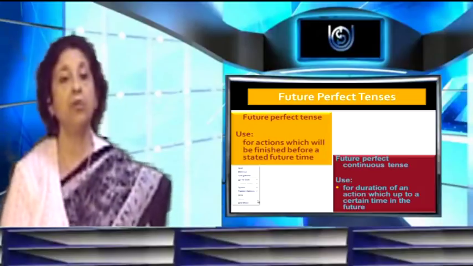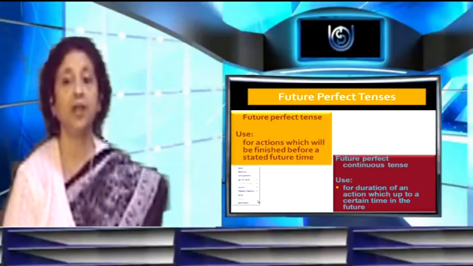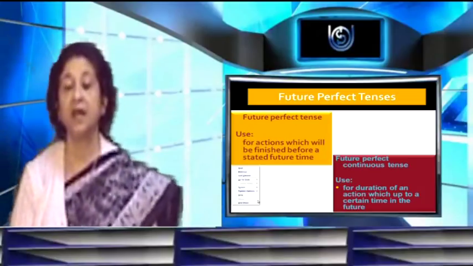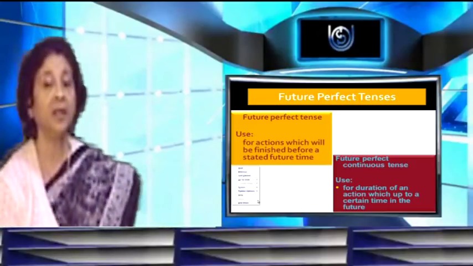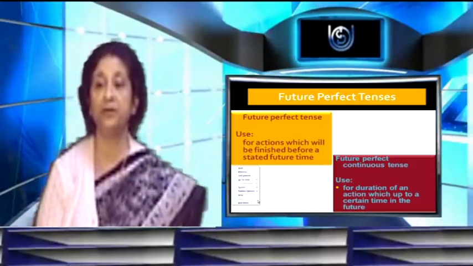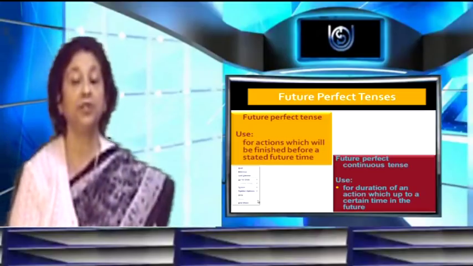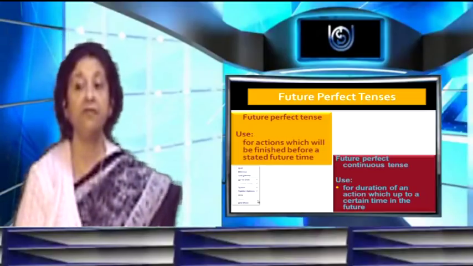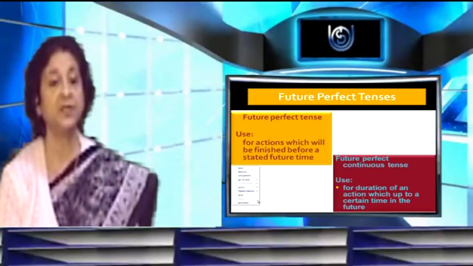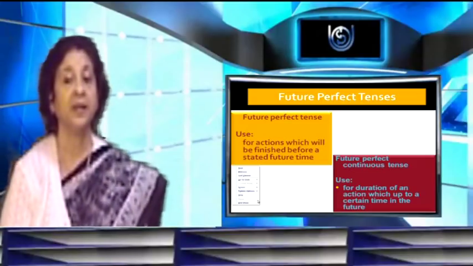So I am sure now you all are aware of the different tenses I have explained to you. Another example of future perfect continuous tense: we will have been studying for 3 hours by 5 p.m. Now just see, the time is given.